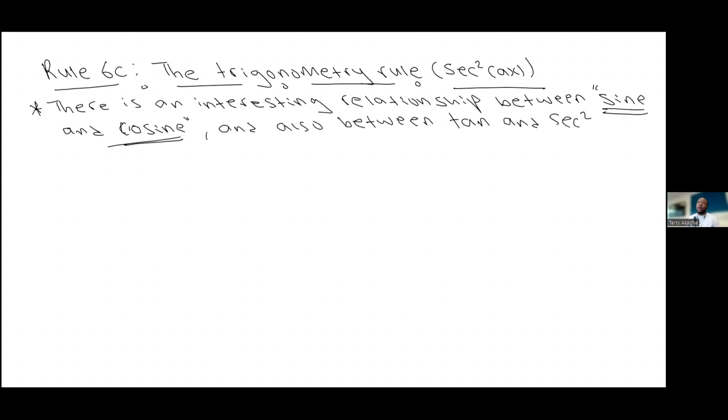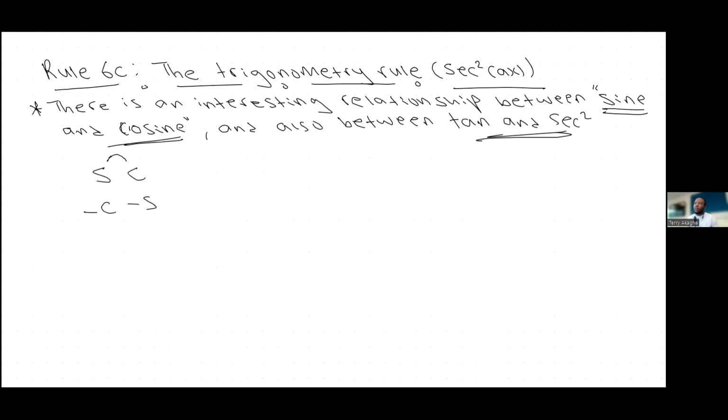Okay, so like I said in the previous video, we have sine, cosine, minus cosine. All right. So when you're going in the clockwise direction, that means when you differentiate sine, it will give you cosine.